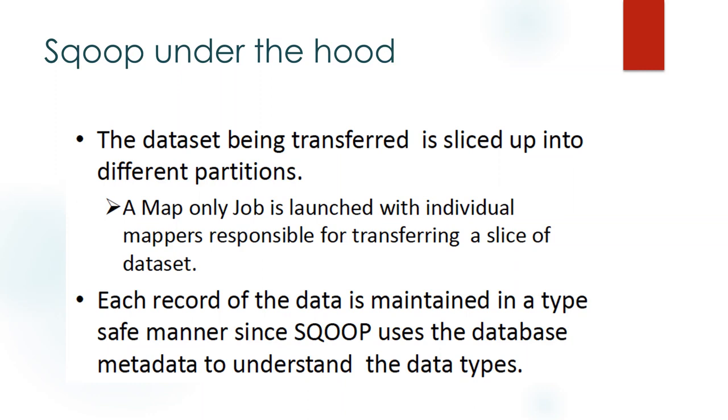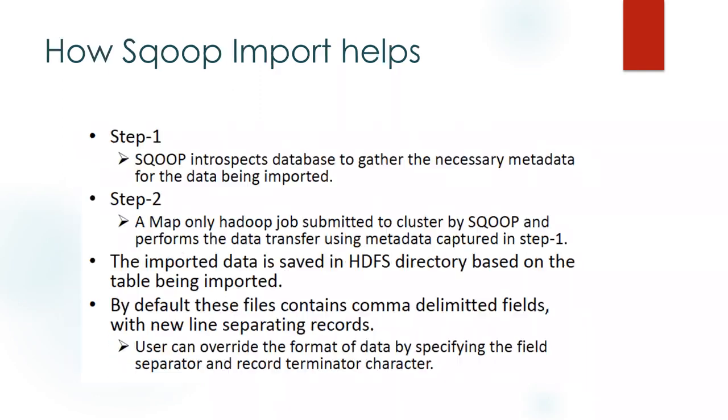This is the default assumption. Even if there is no primary key, you can do it, but by default, it expects one. Then it will divide your table into 4 partitions, and launch 4 mappers, and each mapper will copy one part of the table. That is how the copy operation happens.